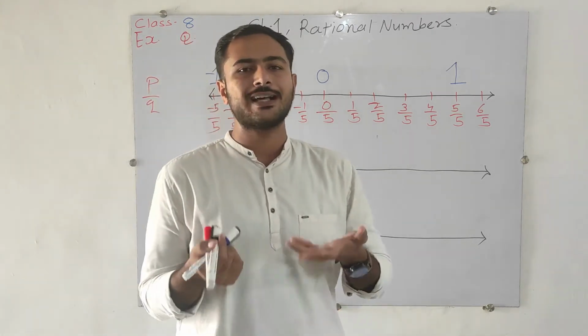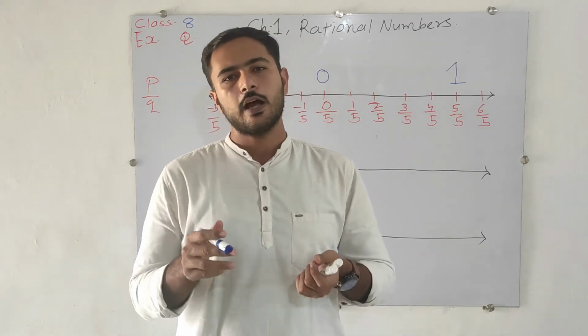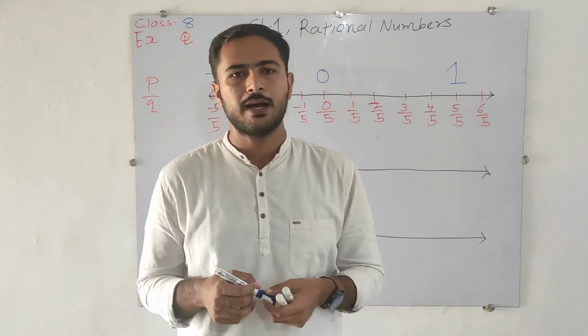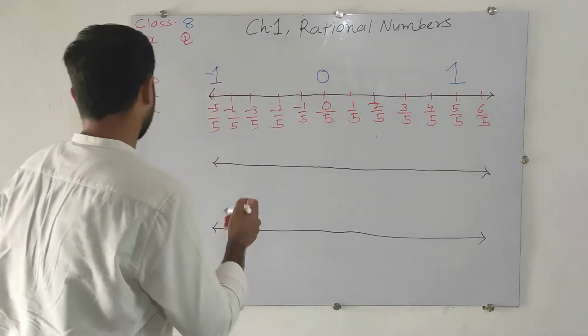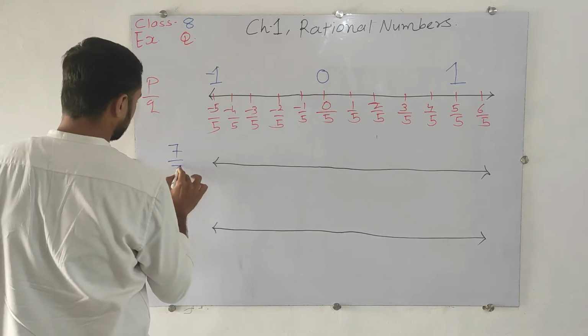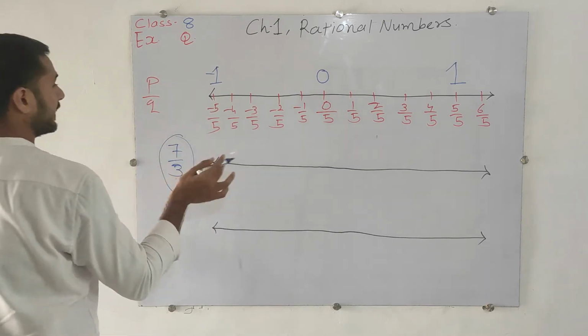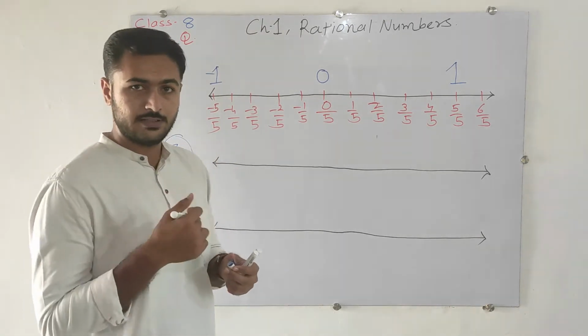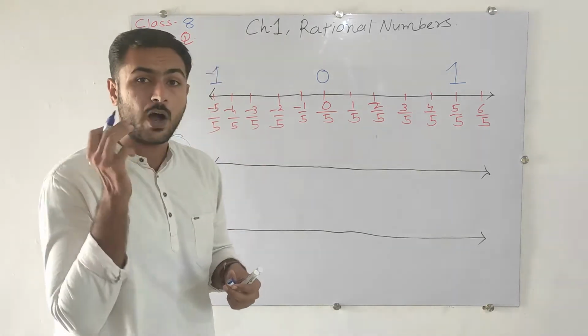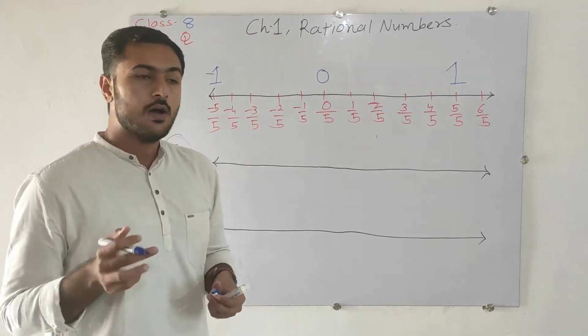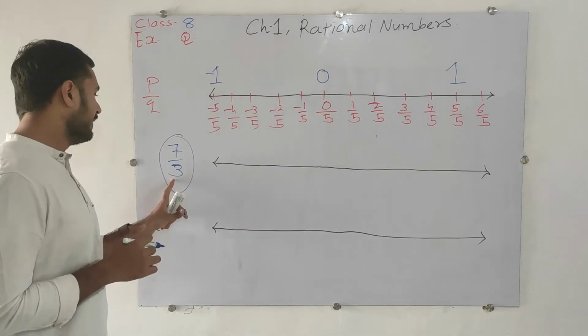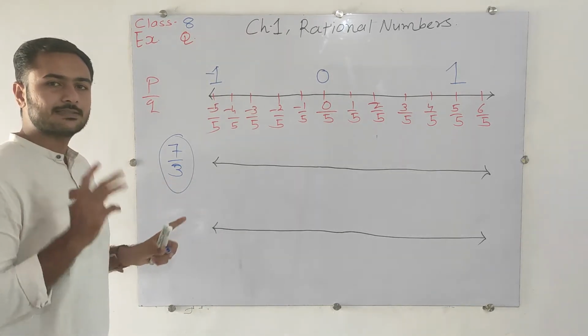But sometimes if I ask you to represent 7 by 3 on the number line, how can we do it? For that, always remember to see the denominator. What is that? That's 3.